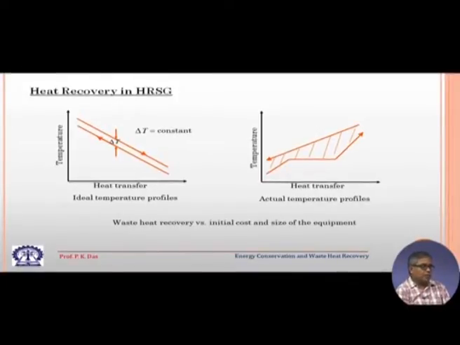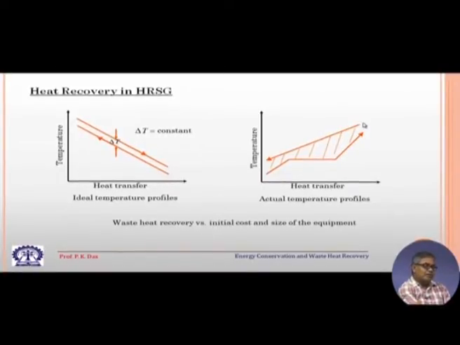In proper sense, we can extract the waste heat to the maximum amount possible, but unfortunately, in an HRSG, the temperature profiles are not like this.